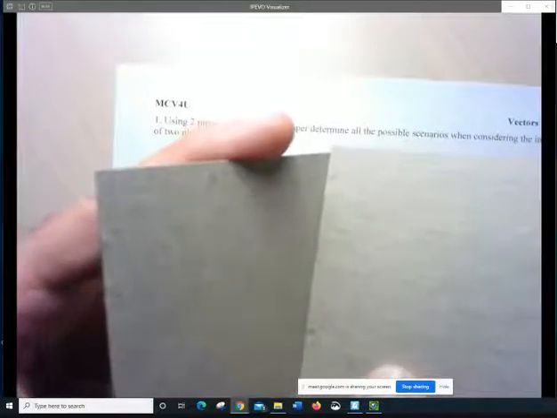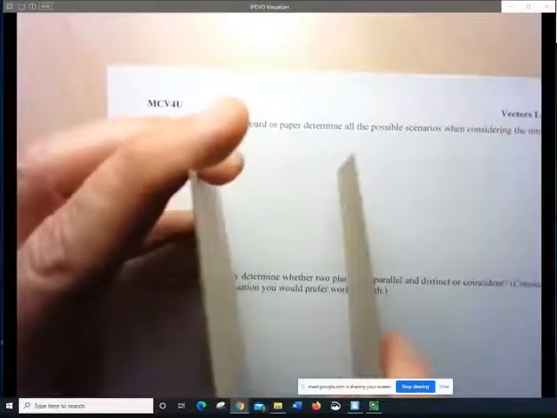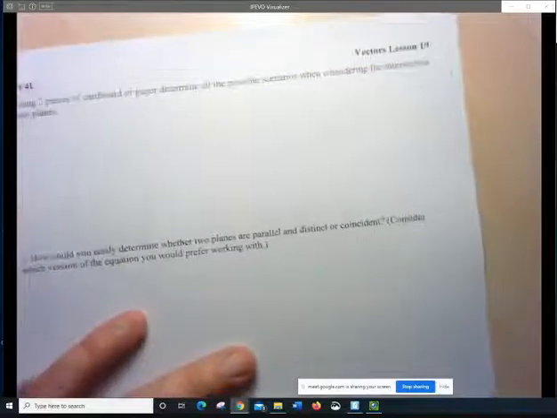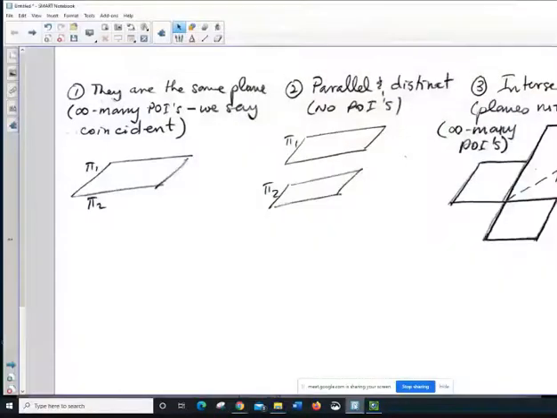Okay, so we know that when we're looking for our answer, we're either looking for them to be the same, which I think we probably have an idea as to how we could tell if two planes are exactly the same, or parallel and distinct, and otherwise we're looking for the equation of a line. So if we review, I've got a little diagram here to review the three possibilities.